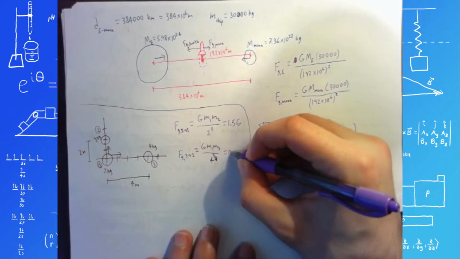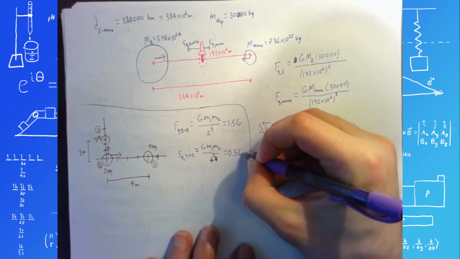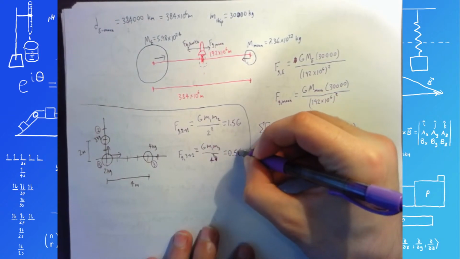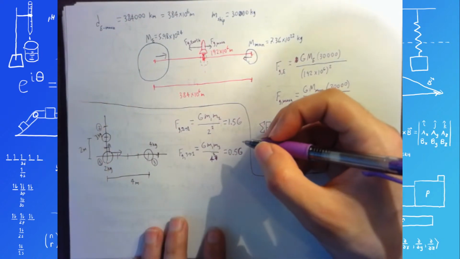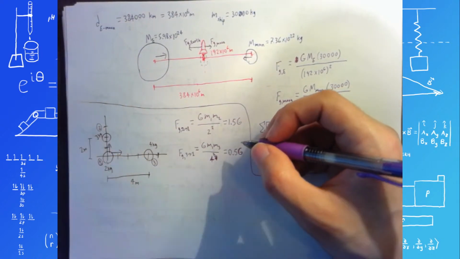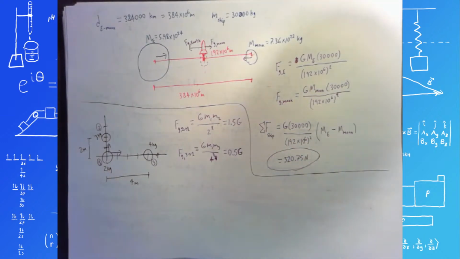So that's going to be 0.5 big G. Okay, so as predicted, this gravitational force is actually larger, which is ironic because I went ahead and drew this one bigger. This is why you should not assume that my drawings are to scale unless I specifically say so.